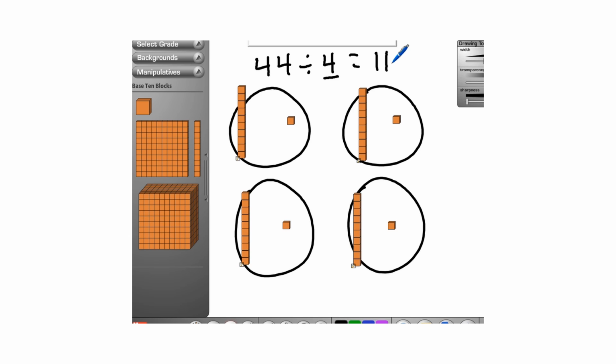I purposely said we're going to look at number 2 before I did this. I knew that was number 2. The question says how many are in each group, which would be 11. And are there any leftovers? If so, how many? You would just write no because there are no leftovers, or you could write 0.